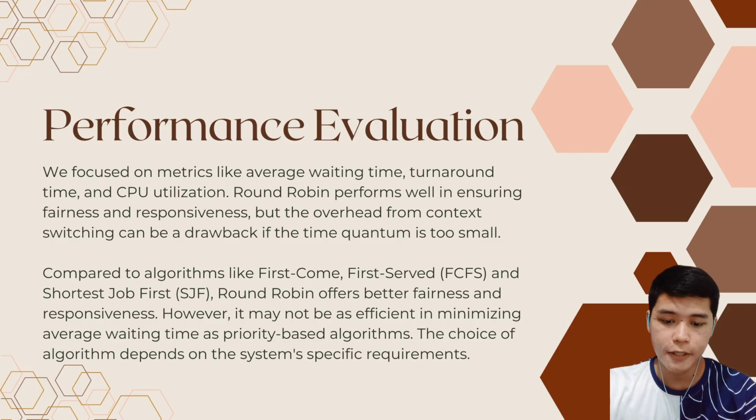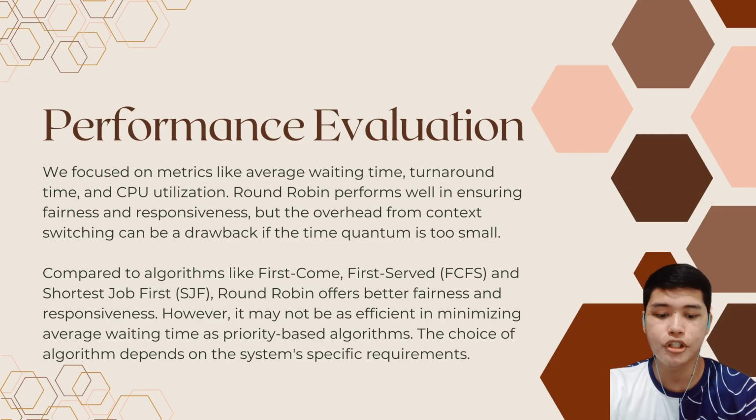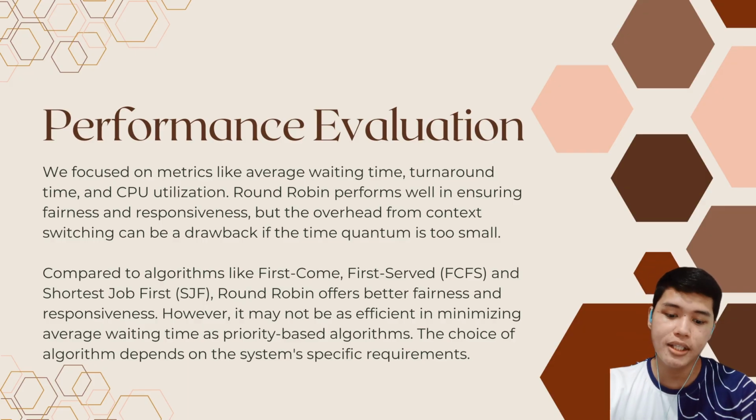Compared to algorithms like first come first serve or FCFS and shortest job first or SJF, round robin offers better fairness and responsiveness. However, it may not be as efficient in minimizing average waiting time as priority-based algorithms. The choice of algorithm depends on the system's specific requirements.